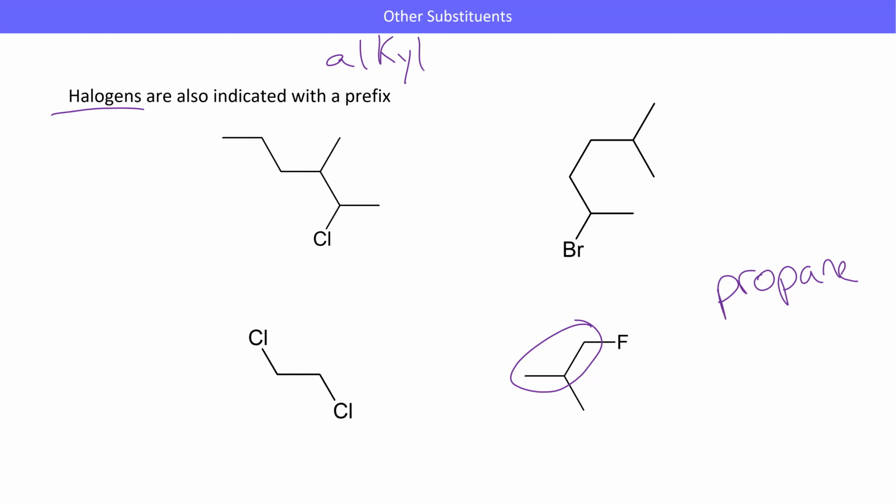But either way, in this case, we'd want to say 1, then 2, then 3. So we could say 1-fluoro-2-methylpropane. Technically, the 2 is redundant on the methyl, but when we start getting these longer ones, it's a lot harder to see, and we'd rather be redundant than ambiguous.